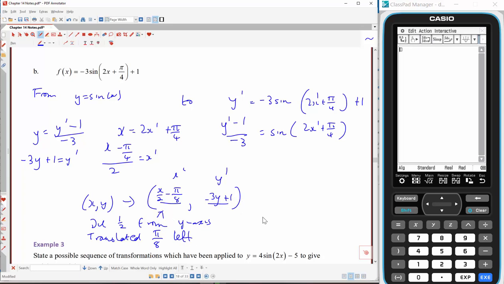All right, over here, what we're going to note is it was a reflection in the x-axis, that's the negative. It was a dilation factor 3 from x and a translation 1 unit up, or 1 up. Note that those two transformations can be given in a different order, but this one has to be last.